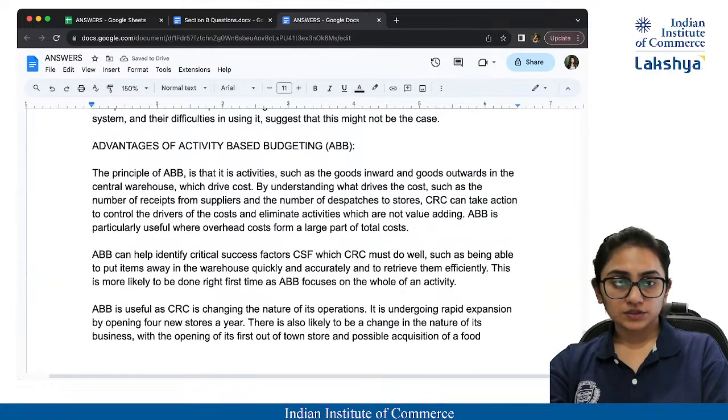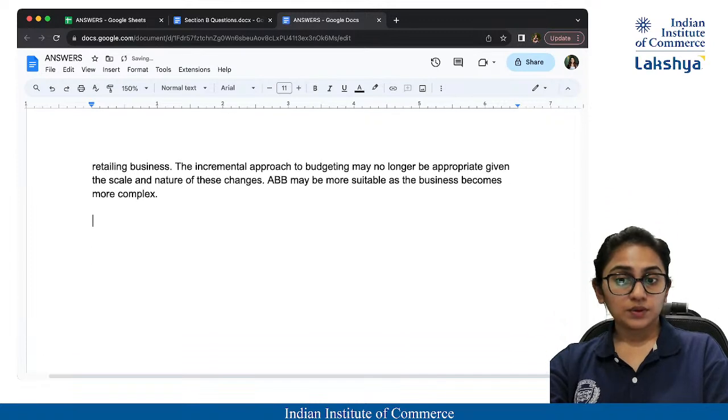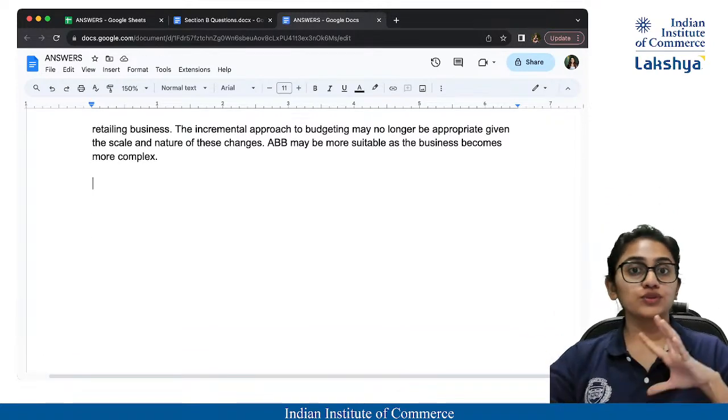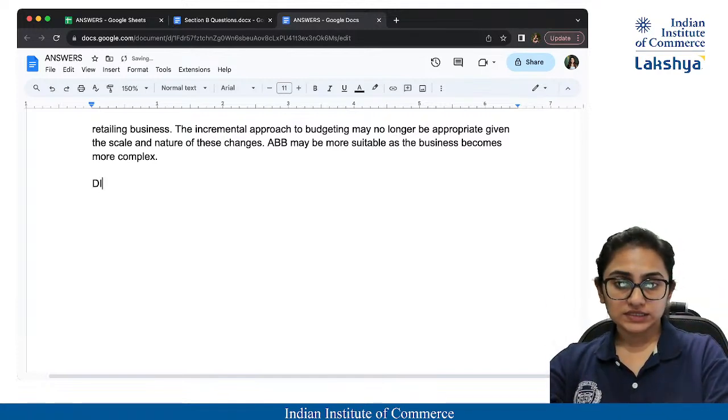So these are the advantages of activity-based budgeting. Now we also have disadvantages of ABB because we have to show them both the sides. We don't have to misguide them. So next is disadvantages of ABB.